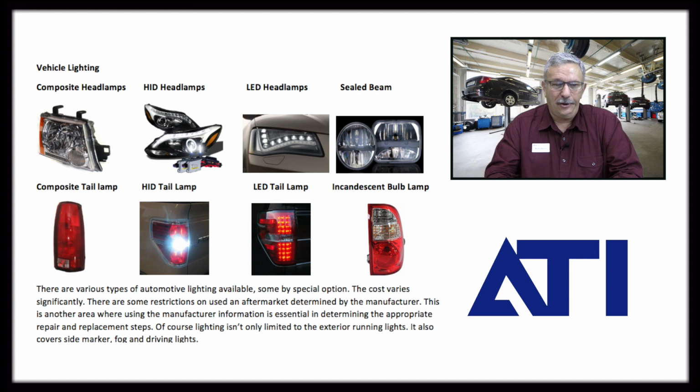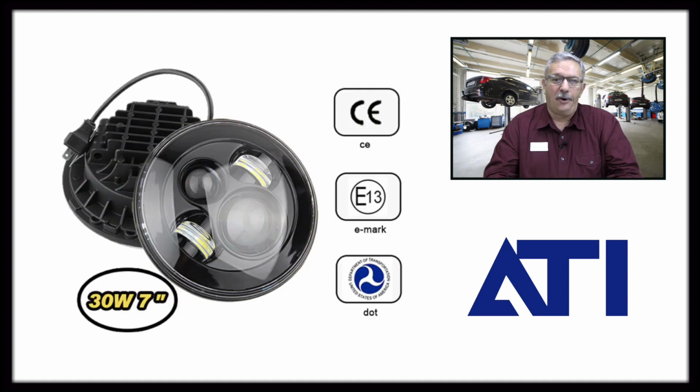There's an E mark in Europe, and then there's the DOT mark in the US. If you try to use one system with the other, it can cause some significant problems in what happens to the lighting system, and I'll give you an example.